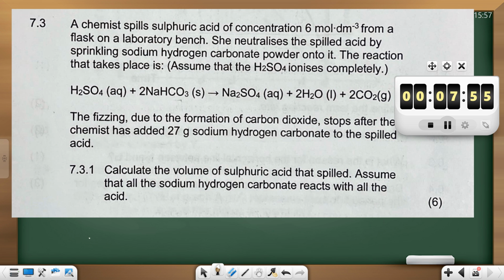I'll write all the formulas that we may need. Concentration equals number of moles over volume. Hydrogen is 1, sulfur is 32, oxygen is 16, sodium is 23, carbon is 12. What else do we need?